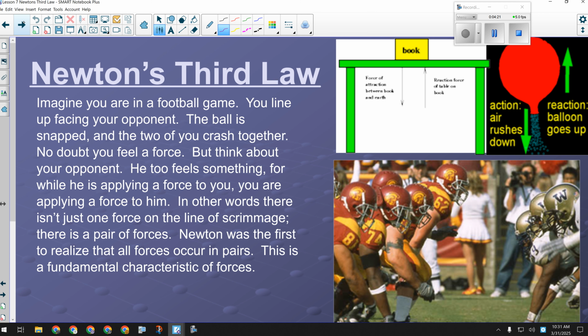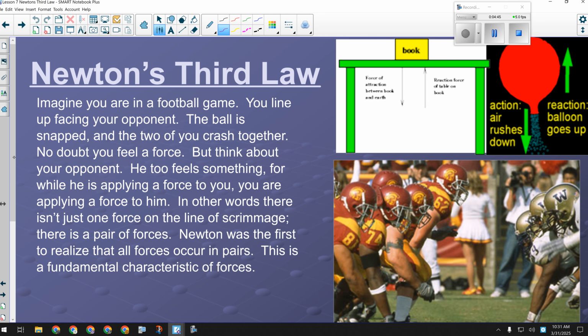If you're the defense, you want to push forwards. If you're the offense, you do not want to get pushed backwards, because then they might sack your quarterback. So that's why linemen are usually the bigger guys on the team. They're harder to push around, just like sumo wrestlers. The bigger they are, the harder they are to move around. The less their acceleration will be because of their larger mass.